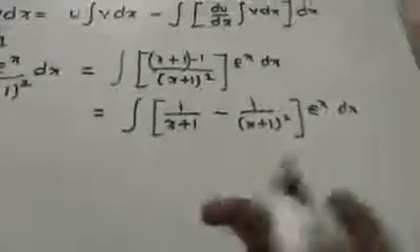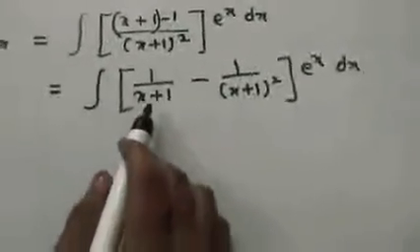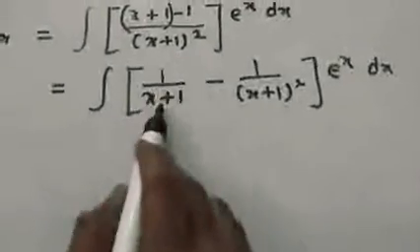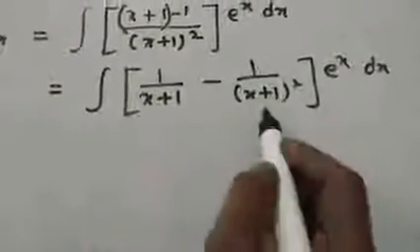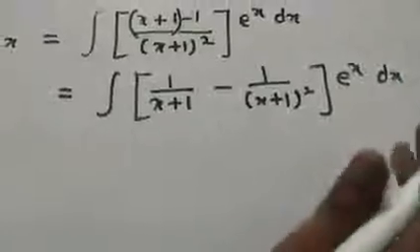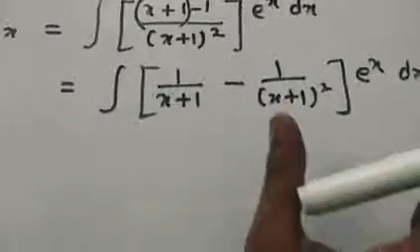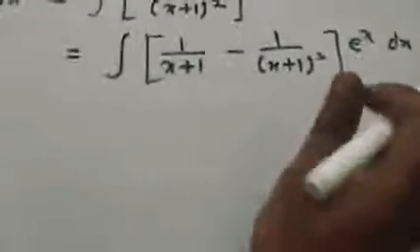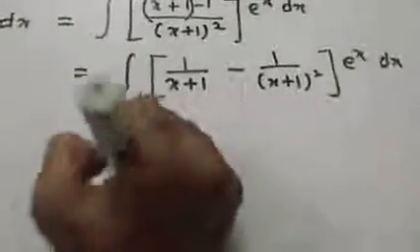So now again, 1 by x plus 1, and its derivative is minus 1 by x plus 1 whole square. Okay, that means now you have got which term we have to integrate by parts. Now let us multiply and separate them.